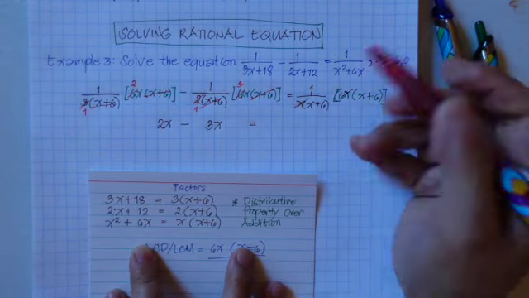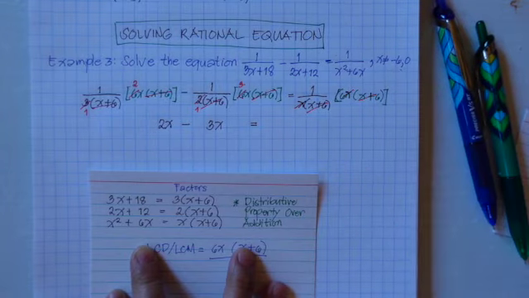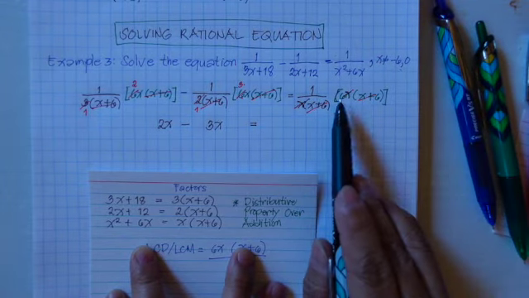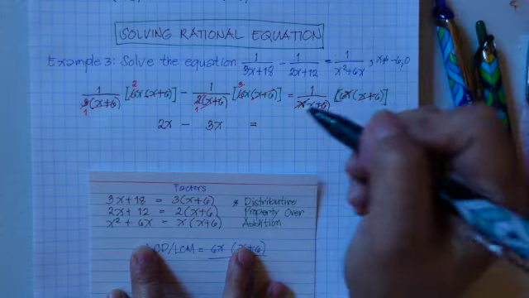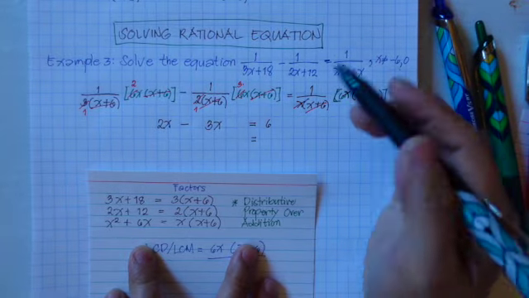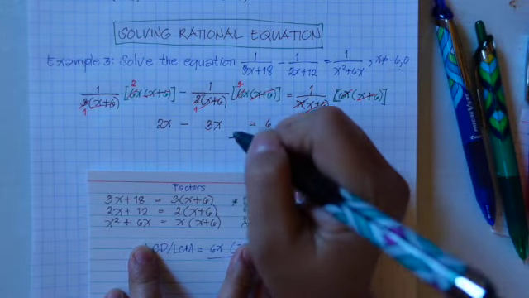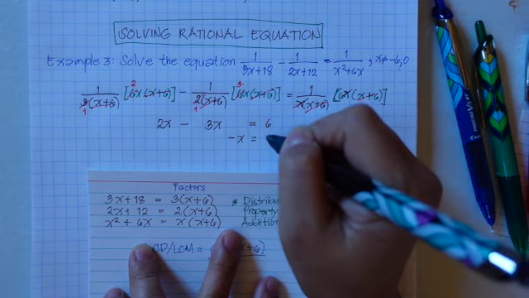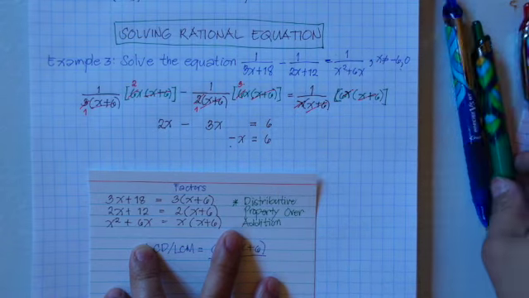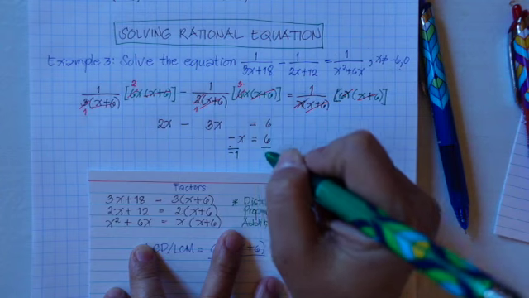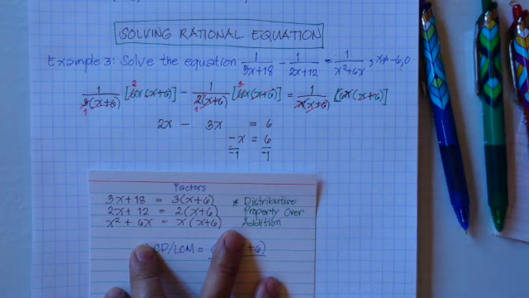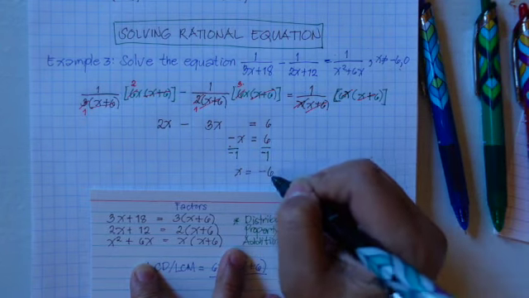Cancel now x and also the whole quantity, x plus 6. 1 times 6, so we have 6. Combine like terms, so we have negative x is equal to 6. Divide this by negative 1 to get the value of x we have, negative 6.